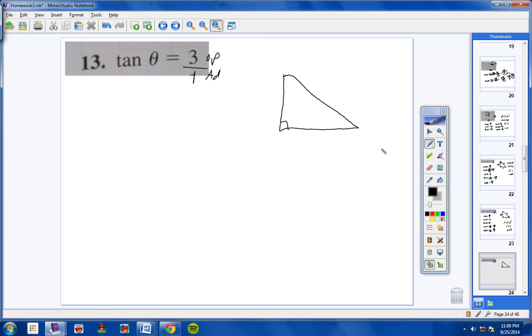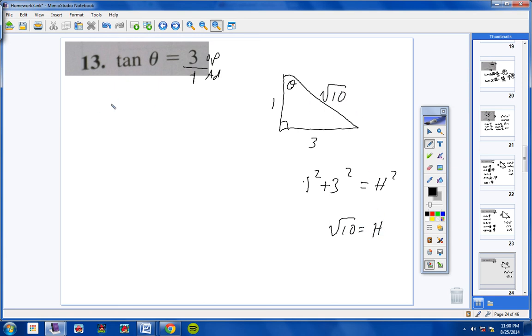And let's see, we'll call theta up here. My opposite is 3, my adjacent is 1. And if you do all the math in this, if you get 1 squared plus 3 squared equals hypotenuse squared, you will end up with 10. Square root of 10 equals your hypotenuse, okay?